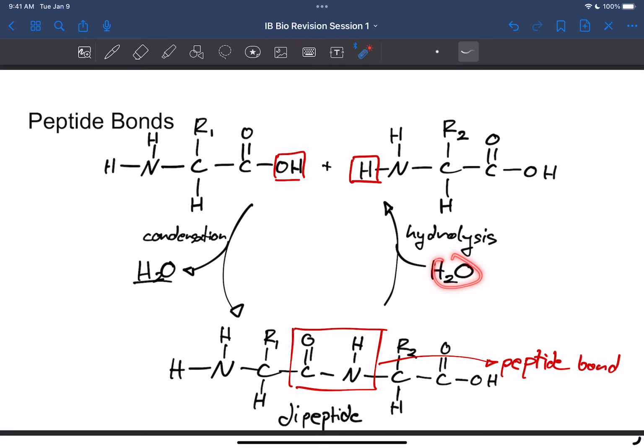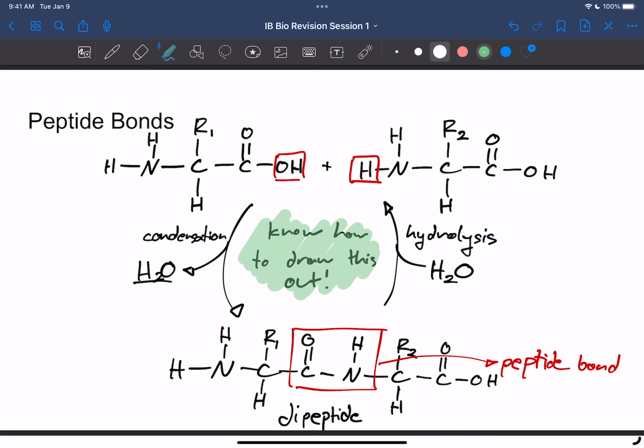That's what the water does in hydrolysis. So be able to draw a reaction out. I'll just highlight this for you guys. Know how to draw this, because this is really important both in genetics, in digestion, so many different things. And these are how peptide bonds work.